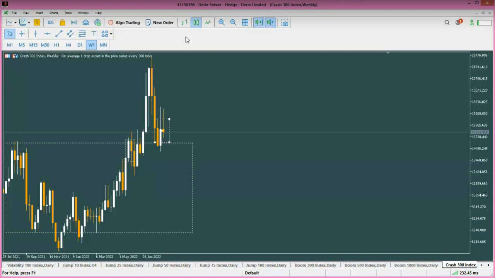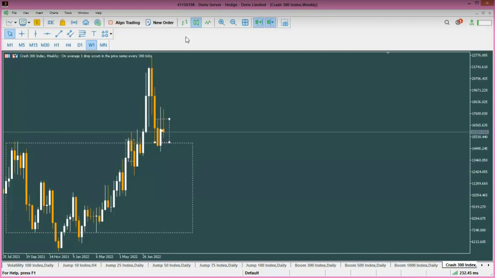Normally, by doing our weekly analysis, we'll be doing a top-down analysis, because what I normally do is that if there is an opportunity for us to buy, let's say on Crash 300, just like we had last week, we've already identified that our weekly time frame, or our previous week candle, shows that there are more chances of Crash 300 going to buy.